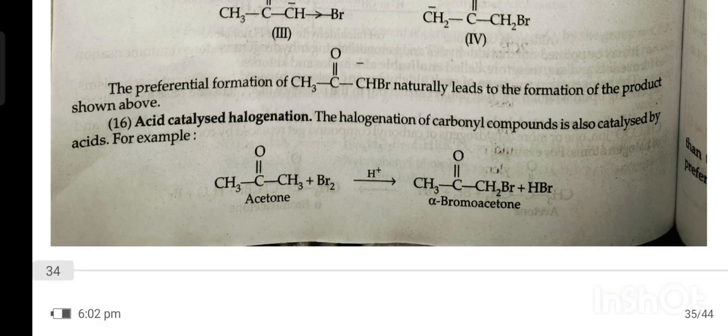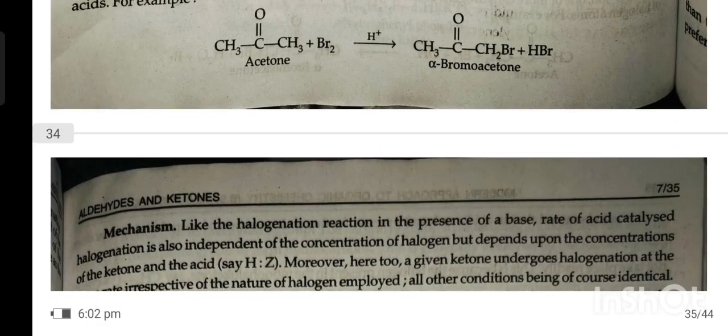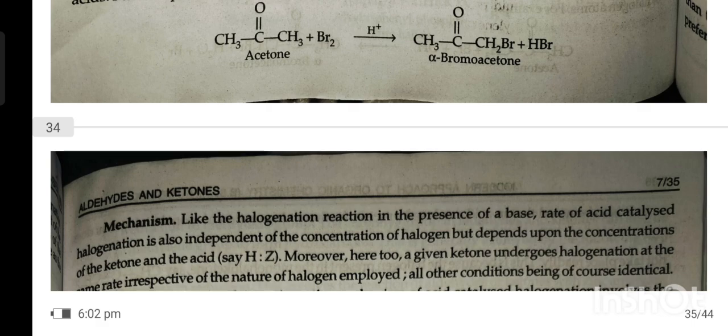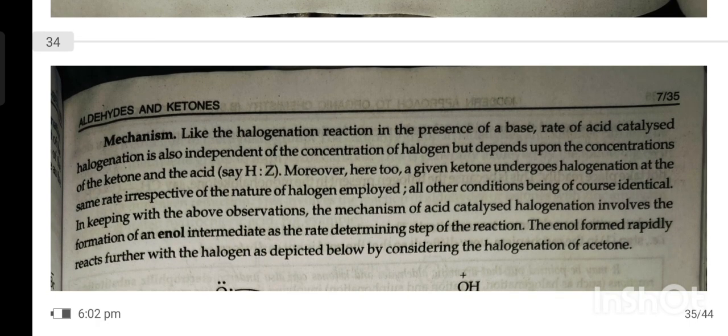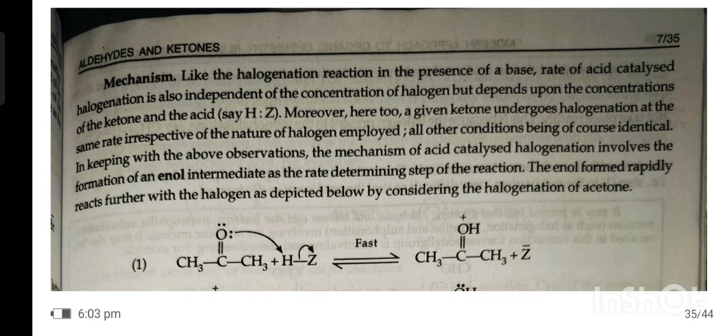16. Acid catalyzed halogenation. The halogenation of a carbonyl compound is also catalyzed by acid. Like the halogenation reaction in the presence of a base, the rate of acid catalyzed halogenation is also independent of the concentration of halogen but depends upon the concentration of ketone and acid. Moreover, here too a given ketone undergoes halogenation at the same rate irrespective of the nature of halogen employed.